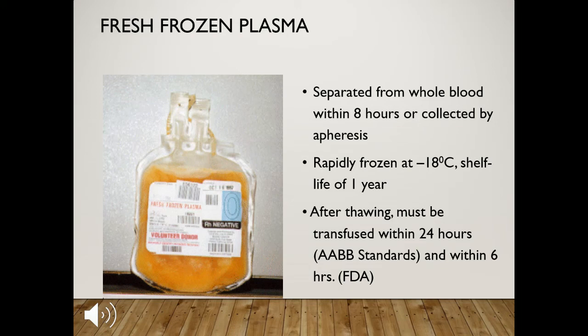It's rapidly frozen to negative 18 degrees in order to maintain a shelf life of 1 year. And then, if it is needed, you would request the blood bank to thaw the plasma, and thawed plasma must be transfused within 24 hours by the AABB standards, while the FDA standards would be within 6 hours.